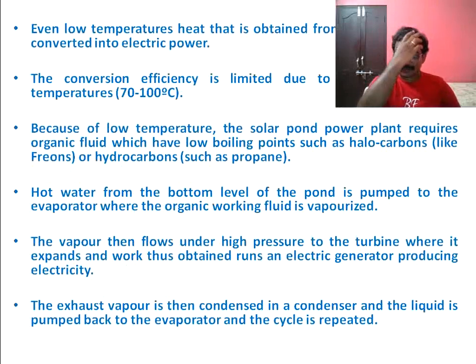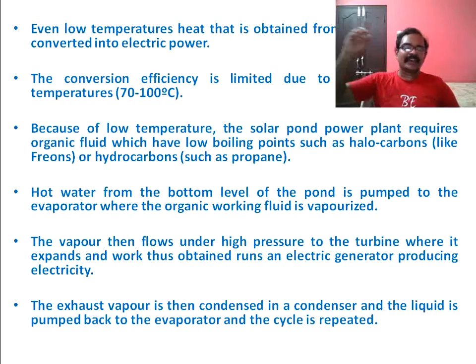The main purpose of an evaporator here is this: the bottom zone of a solar pond will be at a low temperature of around 70 to 100 degrees centigrade, and at this temperature the water will never be converted into steam. That is the reason why, in the Rankine cycle, instead of water we will use an organic fluid, either freon or propane, which has a low boiling point compared to water.